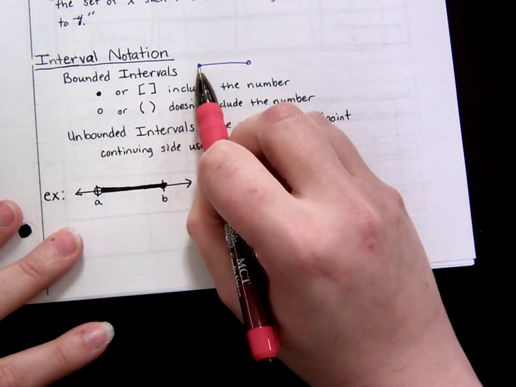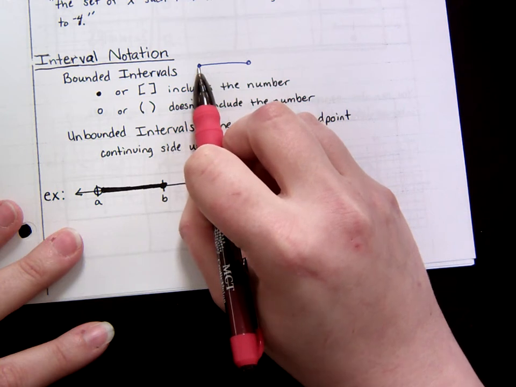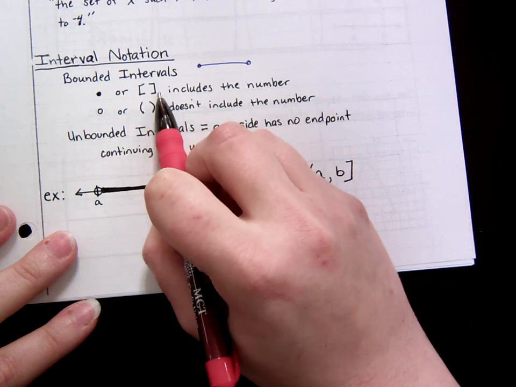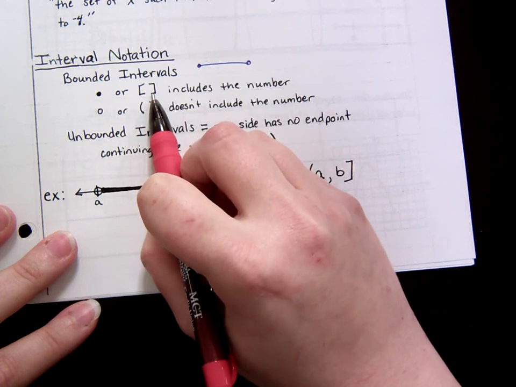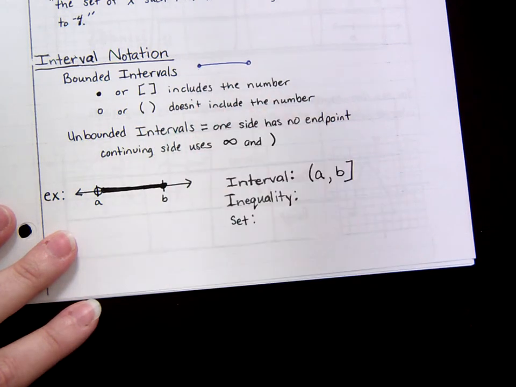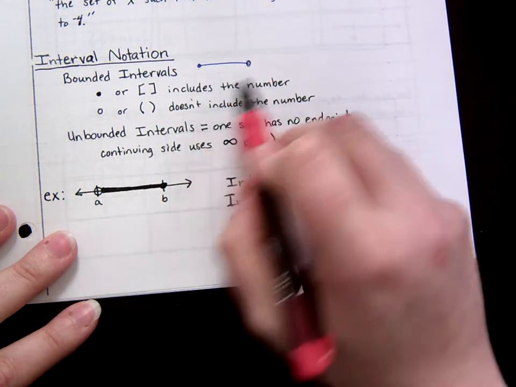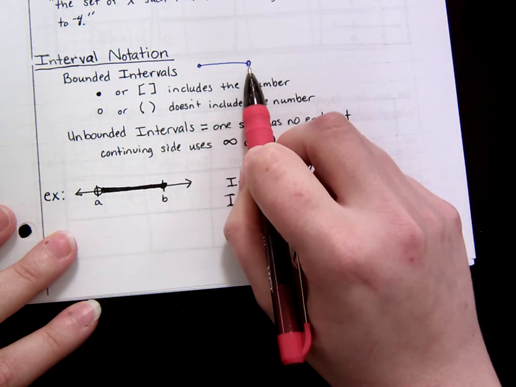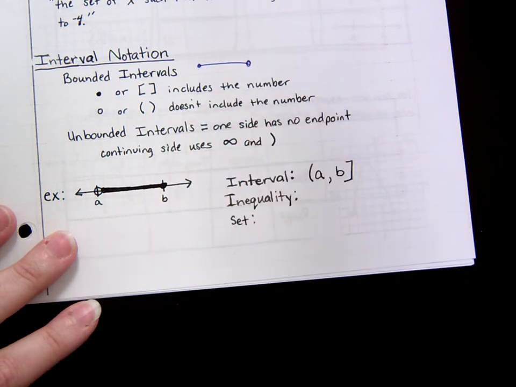If your endpoint has a closed dot, it means it includes that number, and we use the straight brackets to show that it includes the number. If we have an open circle, it means it doesn't include that number. It gets close but never reaches that number, and we use a parenthesis with that.